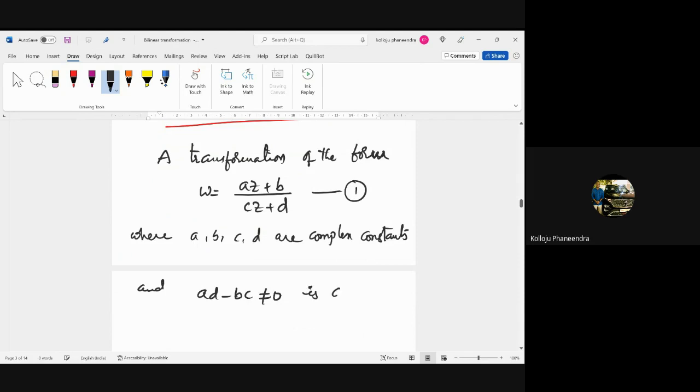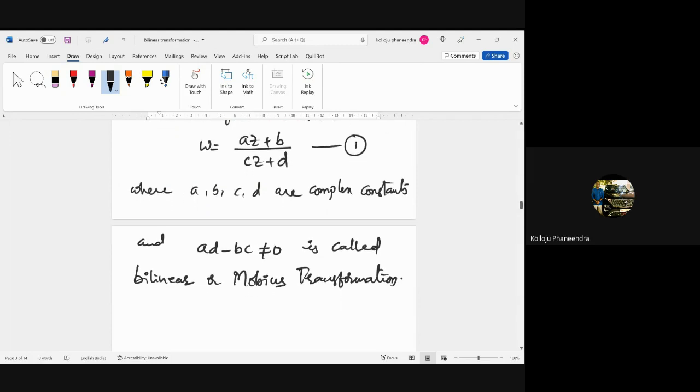This is called a bilinear or Mobius transformation.